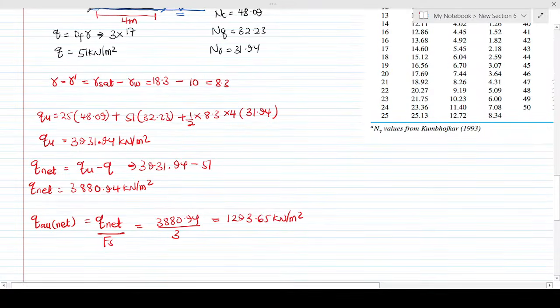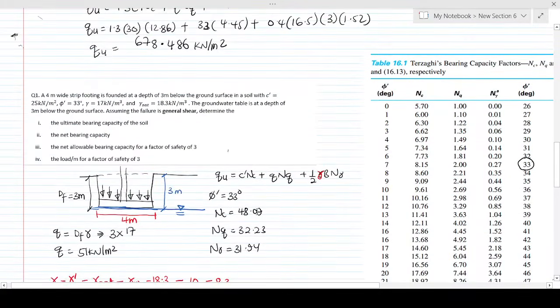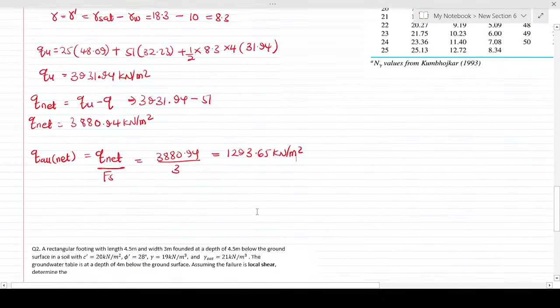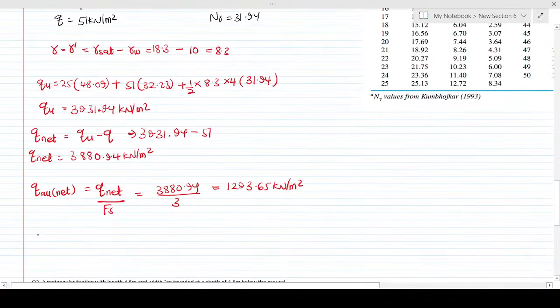Then we are asked to find the load per meter at a factor of safety of 3. Load per meter, that is Q per meter, and that is equal to the Q allowable net times the width of the foundation because it's a strip foundation.